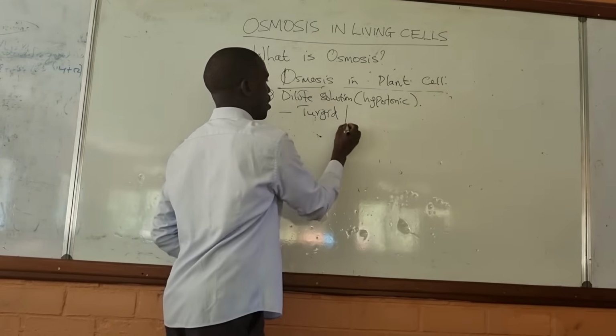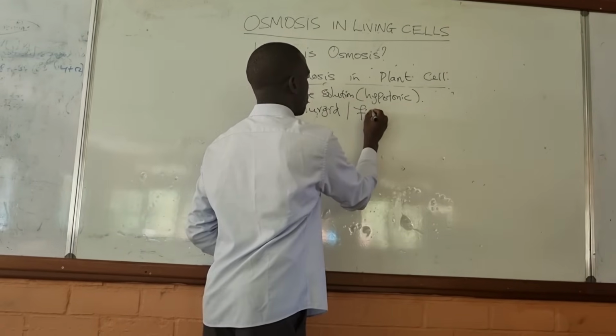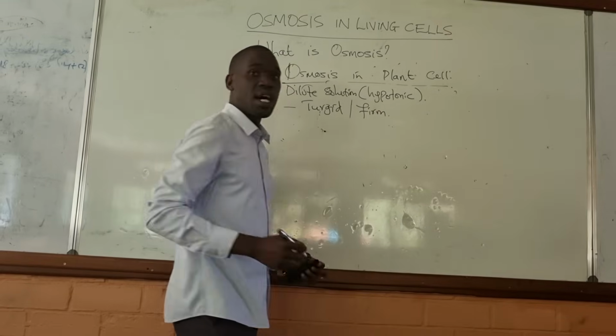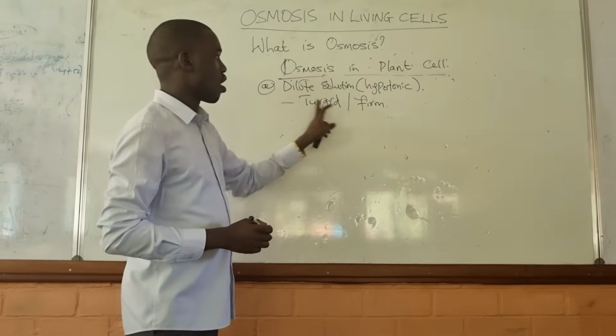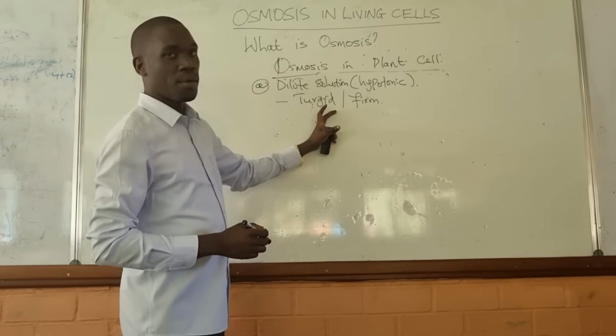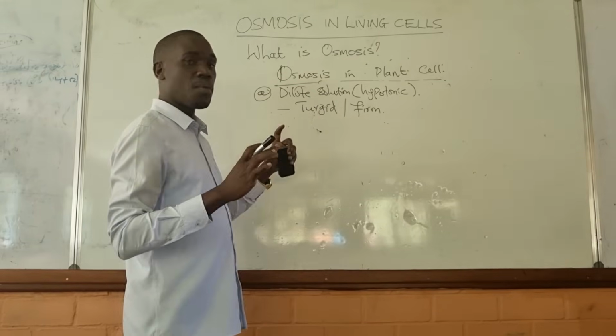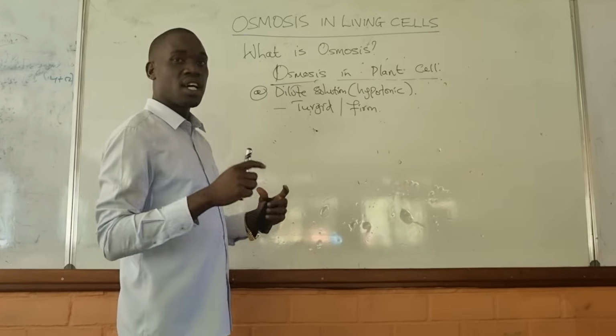Turgid means the plant cell is going to become firm.